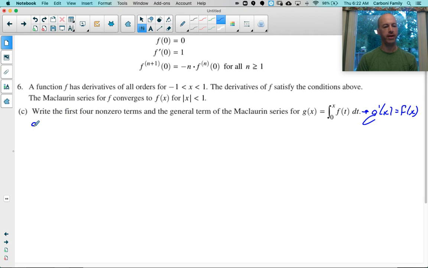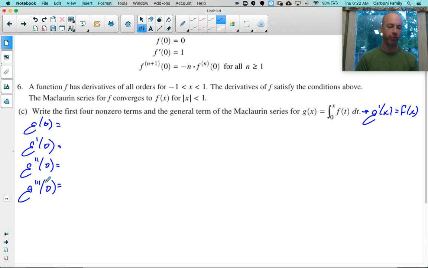And so what I would like to do is just find g(0), g'(0), g''(0), and g'''(0). And hopefully I will not get any zeros in return because that would be my four terms for g.